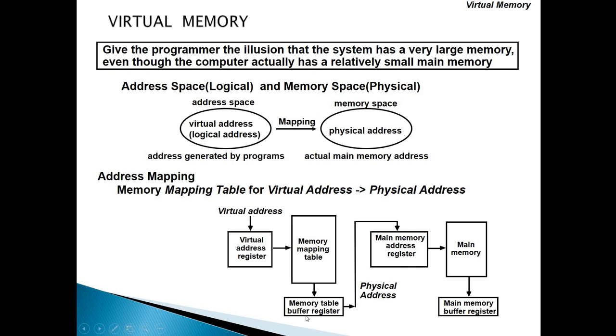That is transferred to the memory table buffer register. Then it is transferred to the main memory address register. Then it will find out the actual address in the main memory. Then the data will be transferred to the main memory buffer register. This particular memory mapping table is used to reduce the virtual address into a physical address.